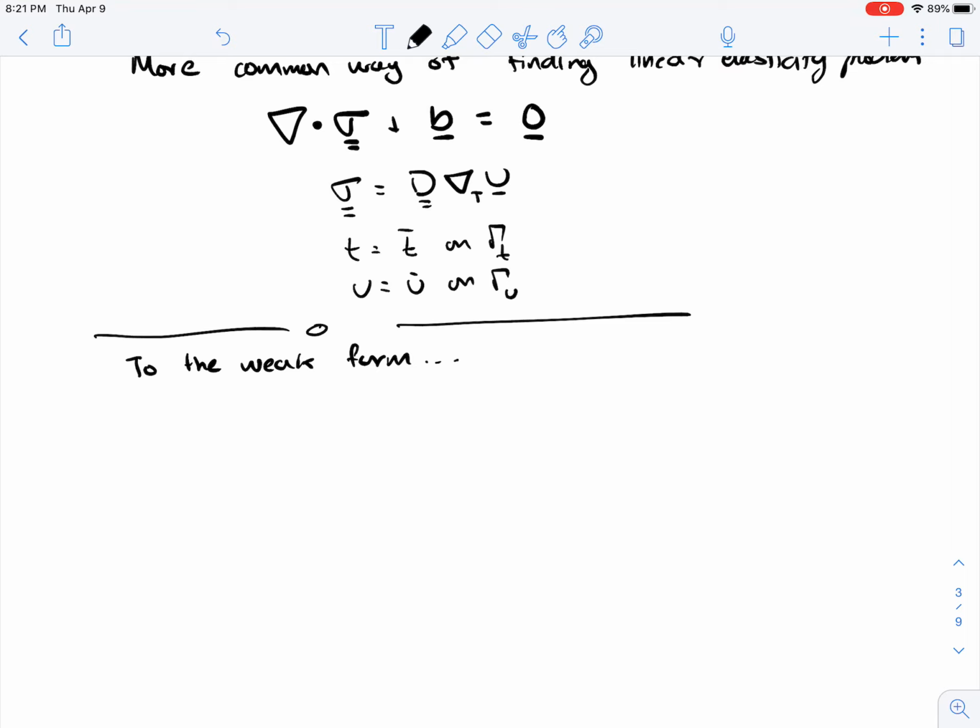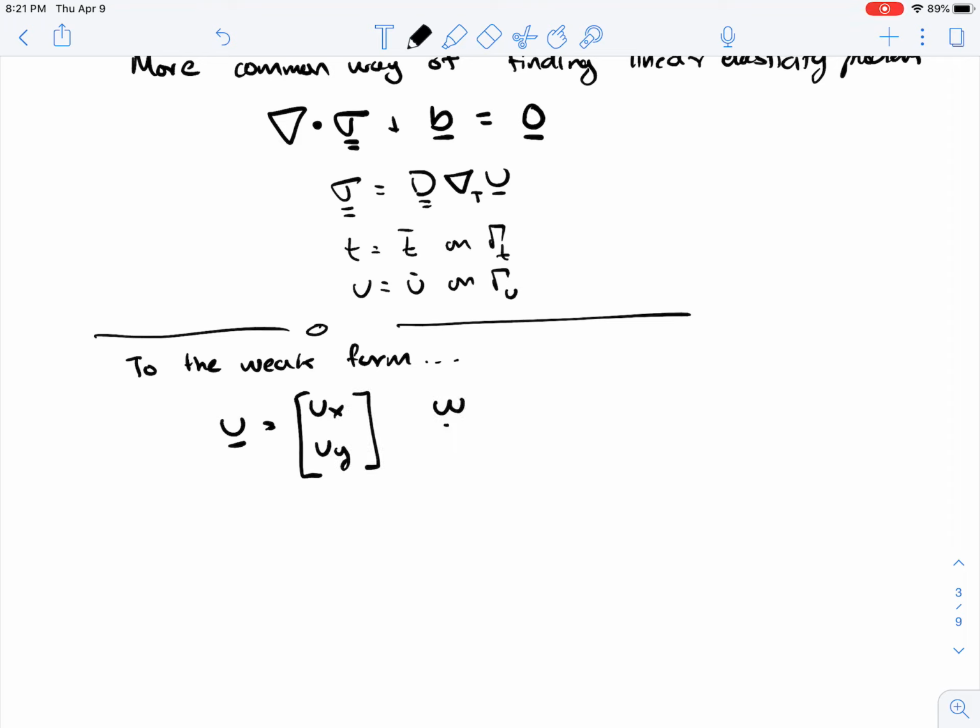Spoiler alert, it's going to be the same as you've done before: multiply by a weight function, integrate over the domain, make that equal to 0, do integration by parts, or in this case Green's formula, which is sort of the integration by parts for 2D, and then you're going to end up with some integral form. But there is just one subtle difference, and this is the main difference between the heat transfer problem and the linear elasticity problem: you have two components, so you have ux and uy for the displacements.